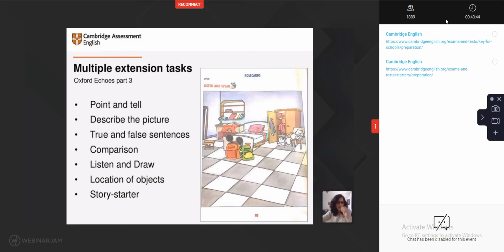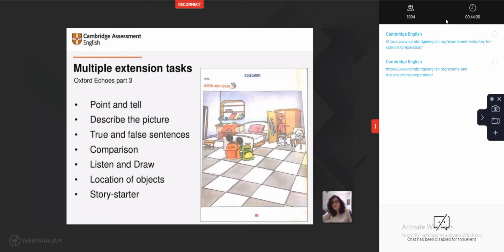I mean, the slide could accommodate only these many, but there are innumerable tasks which you can design around a particular visual. So, point and tell, which is one of the skills that is tested at the starters level.